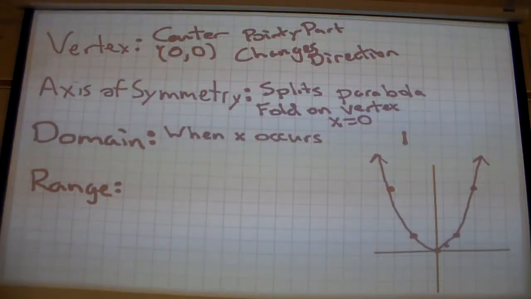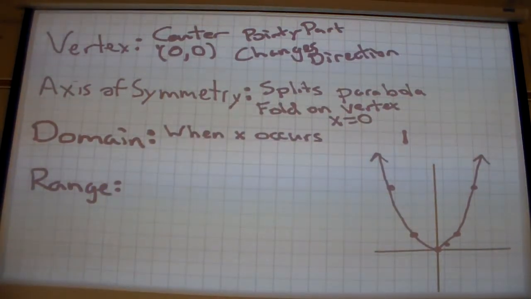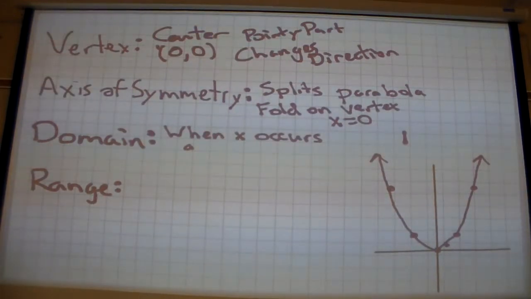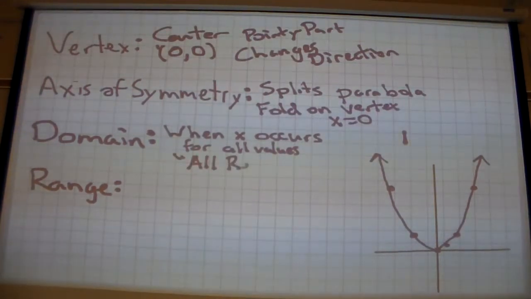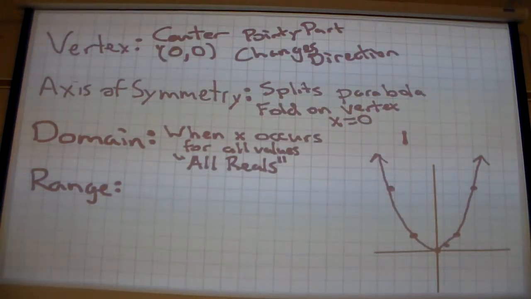So when x occurs for all values, we just say all reals. So the domain is all reals, all real numbers. That's going to be all the time on a problem. So any value I can plug in.